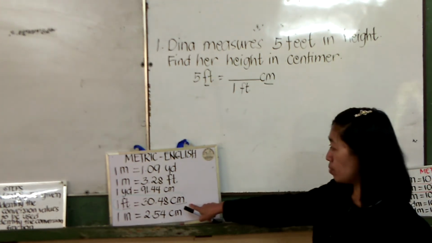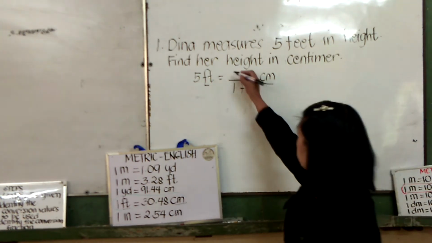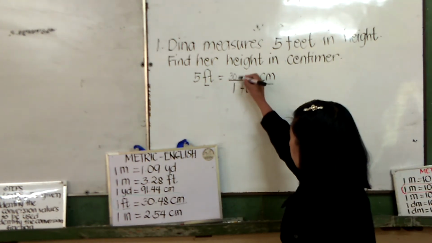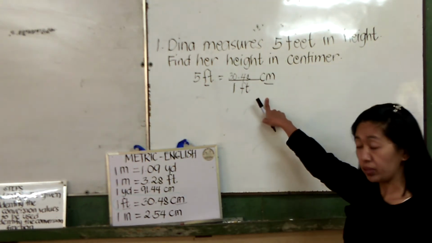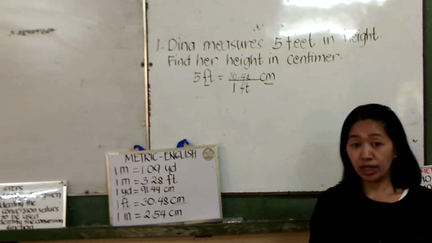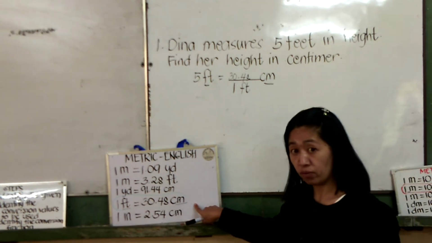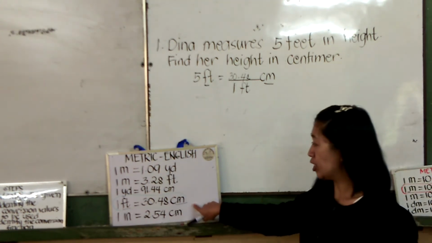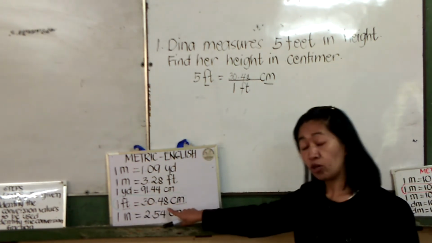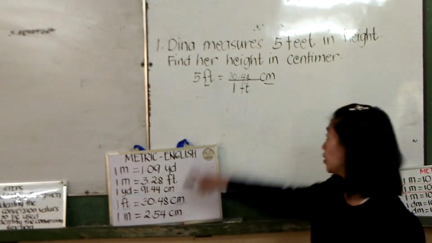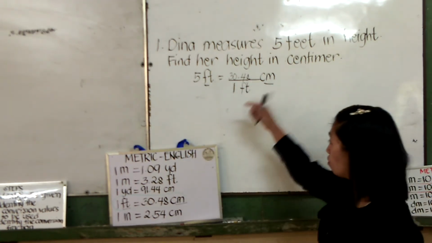And how many in centimeter? 1 feet is 30.48 centimeter. So where did I get the number? I get it from the conversion of units here. So 1 feet I copy there, and 30.48 centimeter I just wrote here up because that is the one we are looking for.